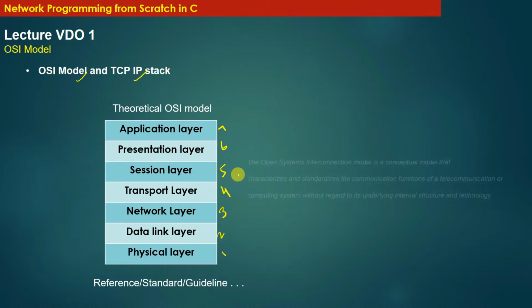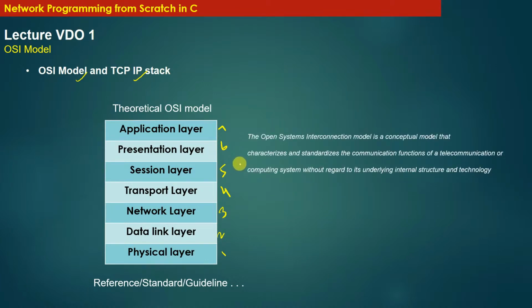So let us discuss the definition of the OSI model. I have taken this definition from Wikipedia. OSI stands for open system interconnection model, and it is a conceptual model. Note the word conceptual.